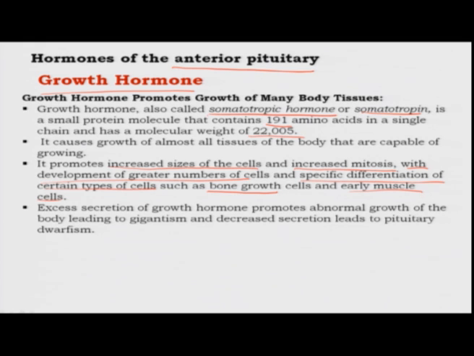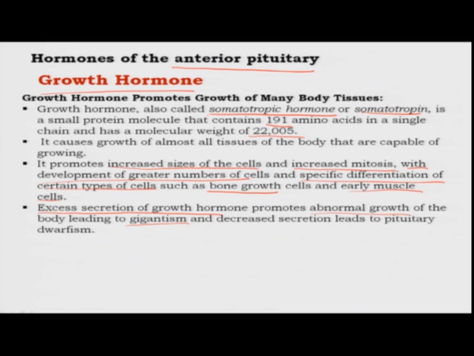Now, what if you have an imbalance in these hormones? There are certain conditions under which you can get excessive secretion of growth hormone, and this naturally promotes abnormal growth of the body, leading to what is known as gigantism. You might have heard of certain people who are abnormally tall, for example, 8 feet, or I do not know what the Guinness Book of World Records is right now.